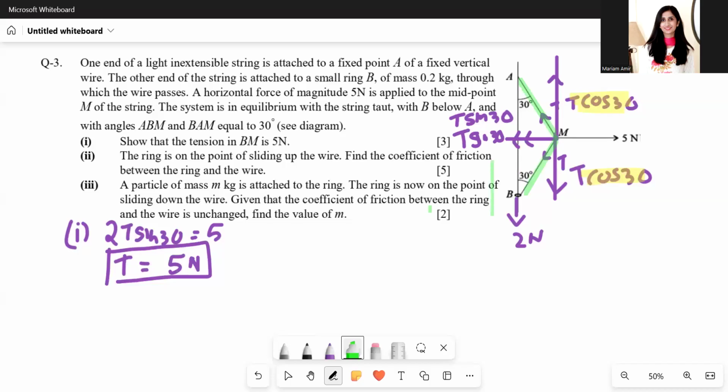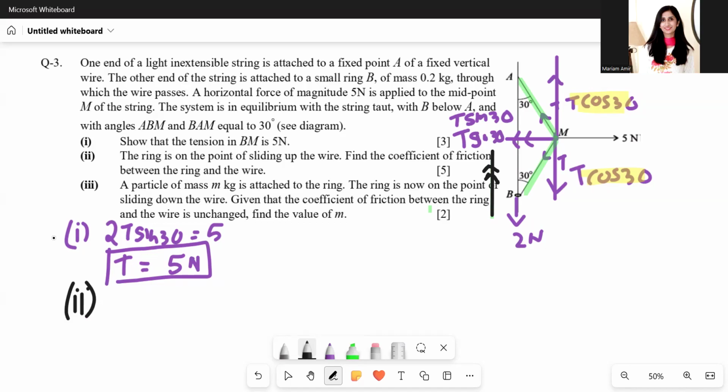Now there's going to be some movement taking place. Find the coefficient of friction between the ring and the wire. The direction of motion has been shown by the double arrows. We have to find the coefficient of friction. The ring is about to move upwards. It's not moving at the moment.